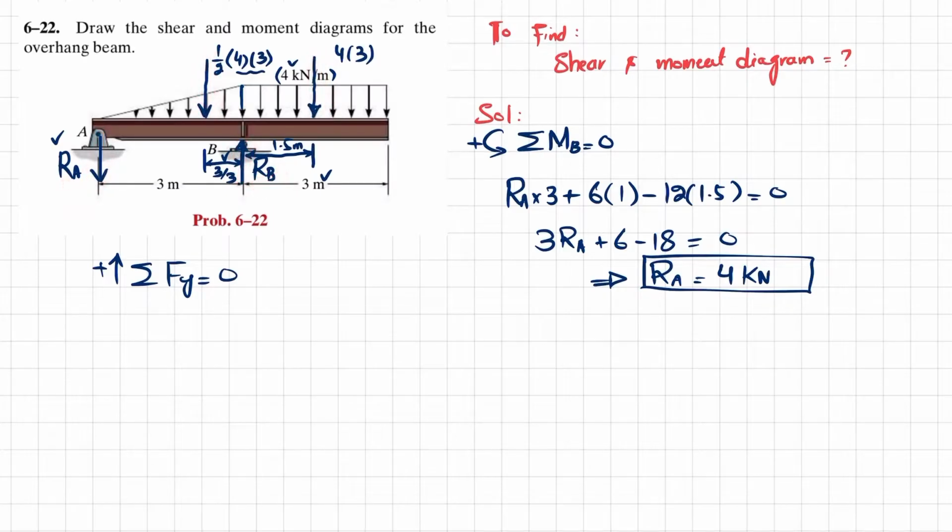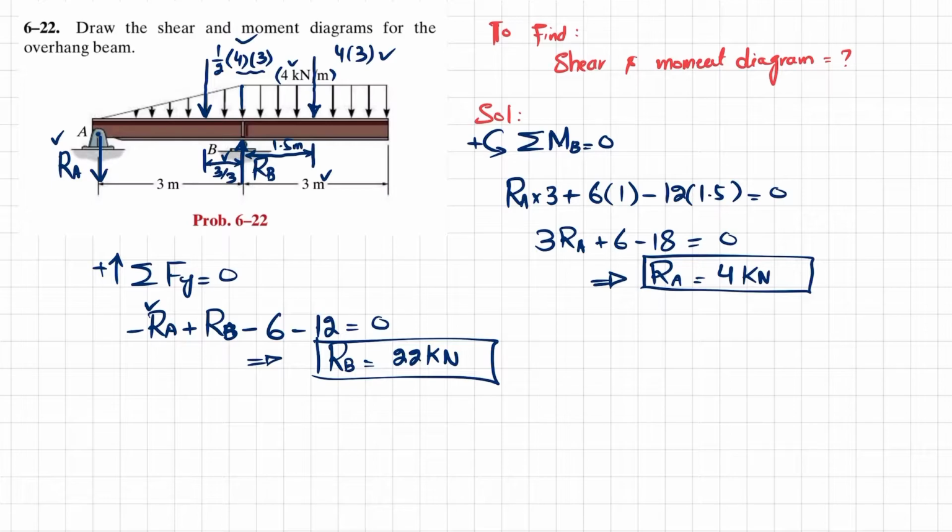So minus RA plus RB minus 1 over 2 into 4 into 3, which is 6, and minus 12 is equal to 0. When you put the value of RA, you will get RB equal to 22 kilonewton.